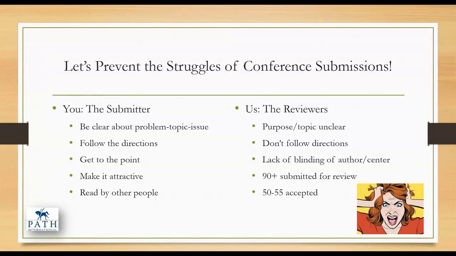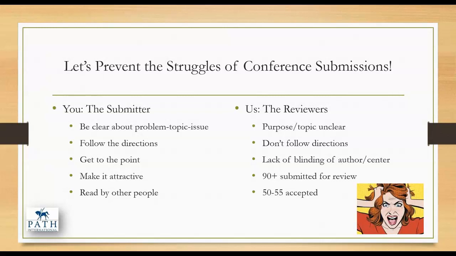Now for you, the submitter, I know you have some headaches as well. One of the things I'd really encourage you to do is be clear about your problem, your topic, or your issue. You know it, you have the passion for it, but let's get it out on paper so that the reviewers know exactly what you're trying to present. Follow the directions, get to the point. More words oftentimes is not better.